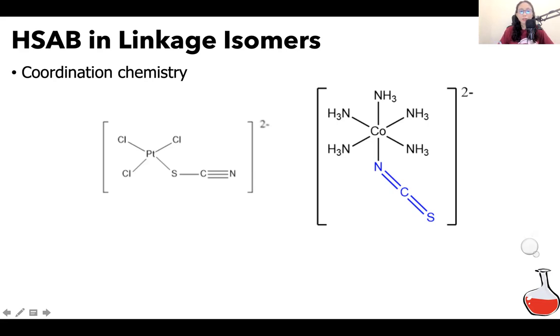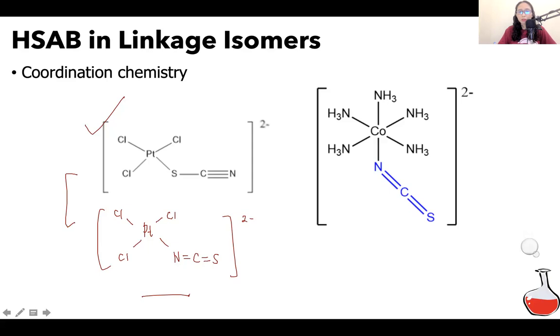We observe that the sulfur atom of this base is interacting with the platinum center. It is also possible for the platinum center to interact with the nitrogen of this base. However, the one interacting with the sulfur is more stable. So these two are what we call linkage isomers in coordination chemistry.